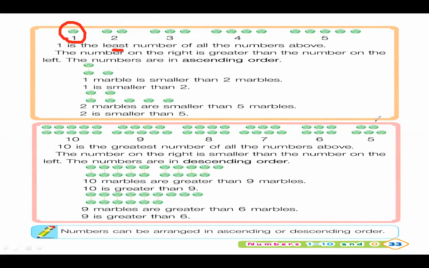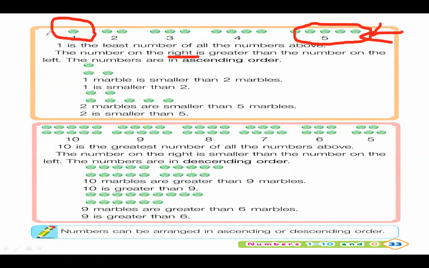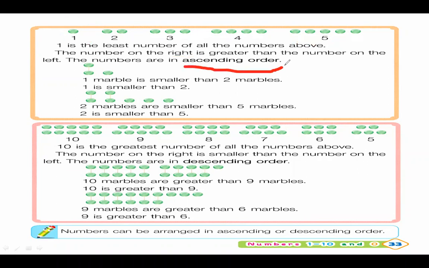These are the right and these are the left. That means the numbers are in ascending order.